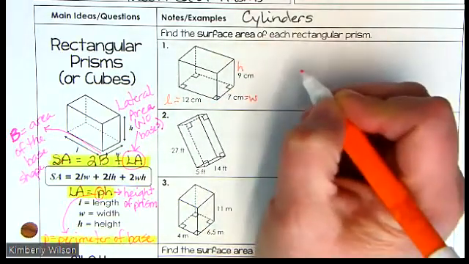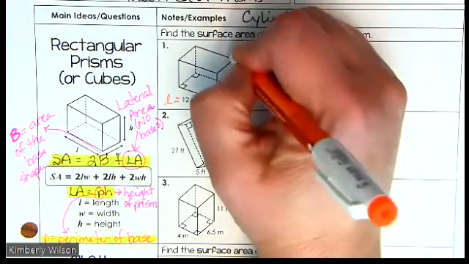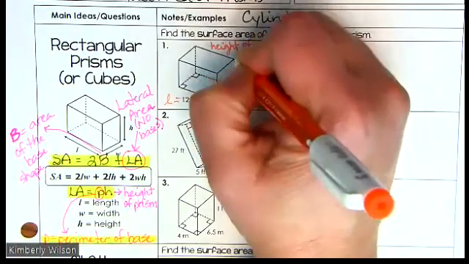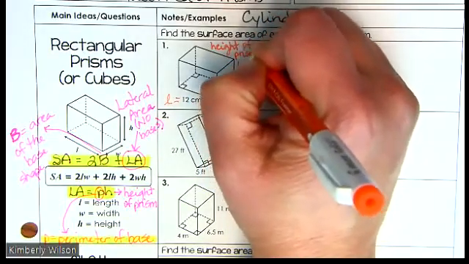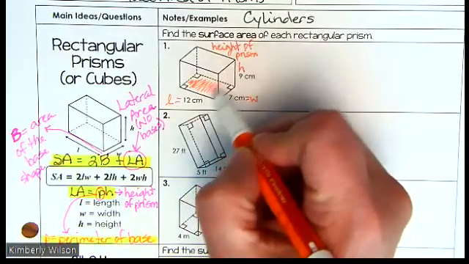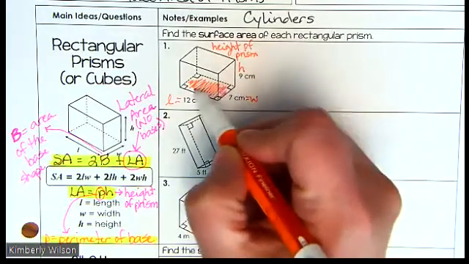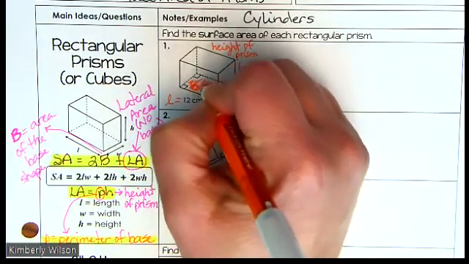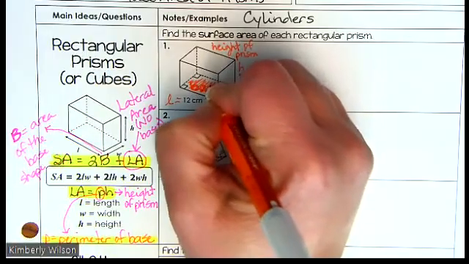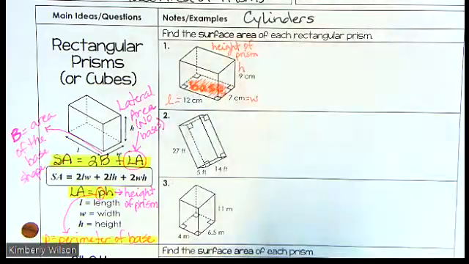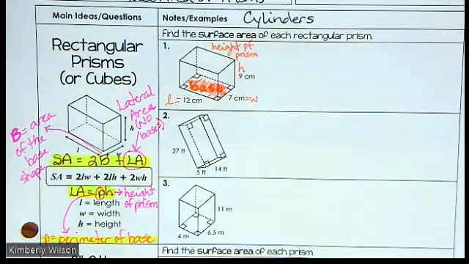Now, remember, that is height of the prism. Because length times width is how I find the area of the base. So we're shading this in. This is my base. I hope you can see that. Okay, that is my base shape.